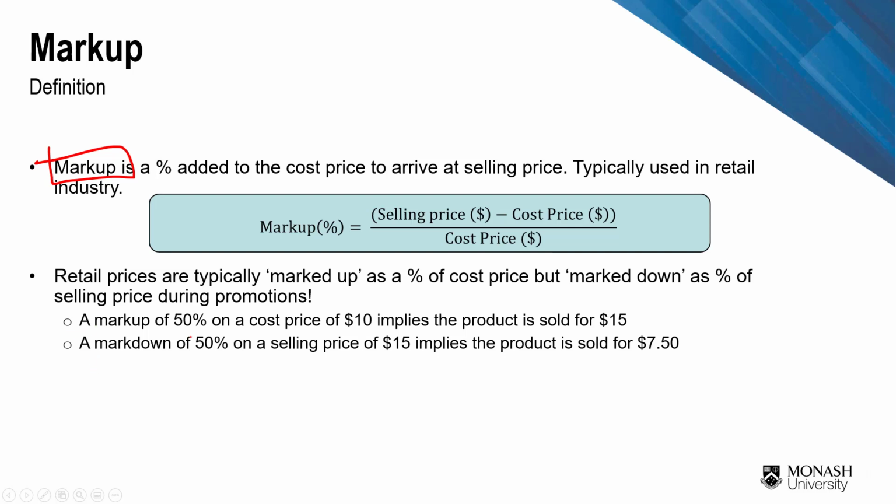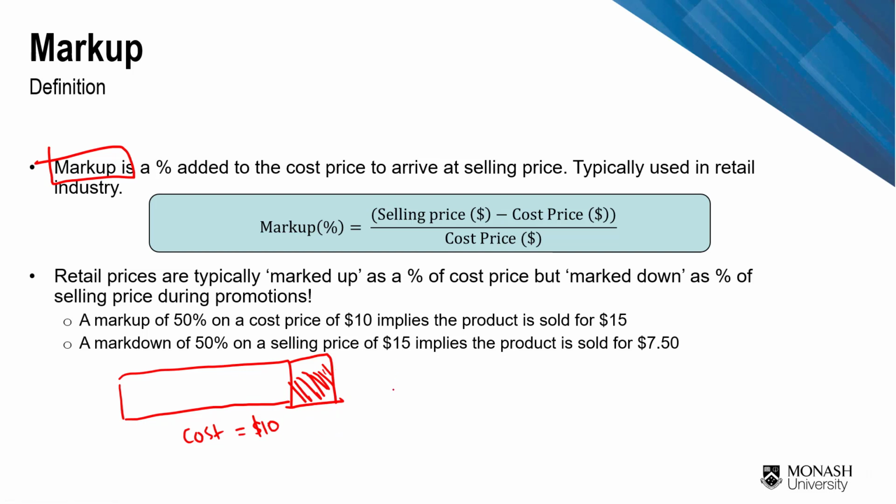If a markup is 50% of the cost price, let me draw an illustration here. Let's say this is the cost price. The cost is, let's say, $10. A markup of 50% means that you are actually charging an extra 50% of that.